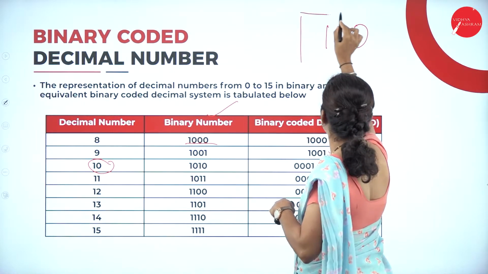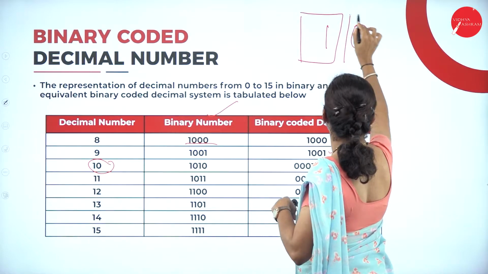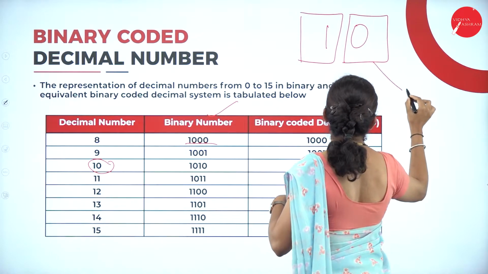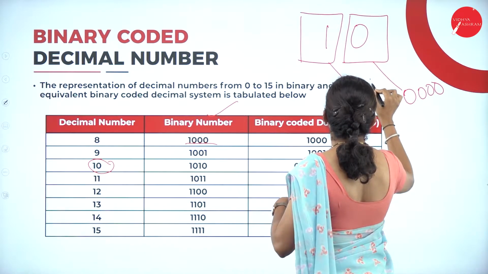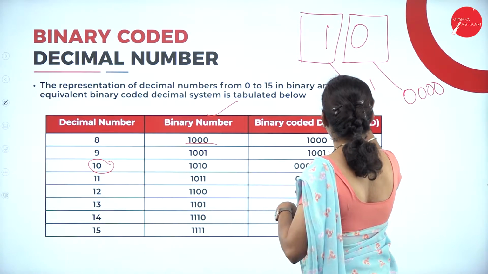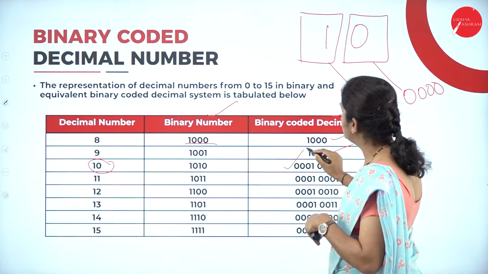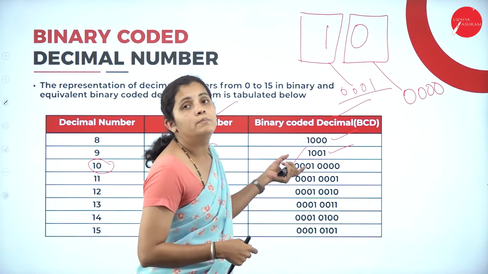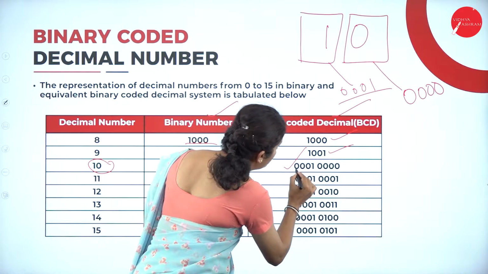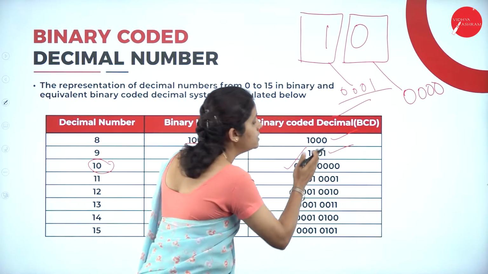Now I'm going to write the BCD number for these 2 digits. So 0 is 4 zeros. For 1, it is 0001. So just see this one. What is the BCD representation for 10? It is 0001 0000.